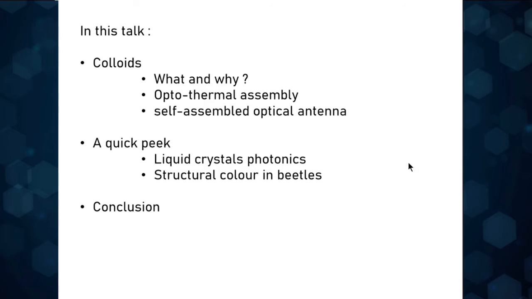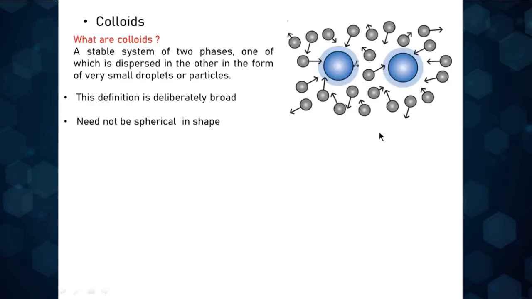One is liquid crystal photonics, and the other one is structural colors, not only in beetles. Maybe I'm going to touch a little bit upon the biological world and how color is established there. Finally, I'm going to conclude with some comments and discussions, and of course, I'll follow that up with questions which you have.